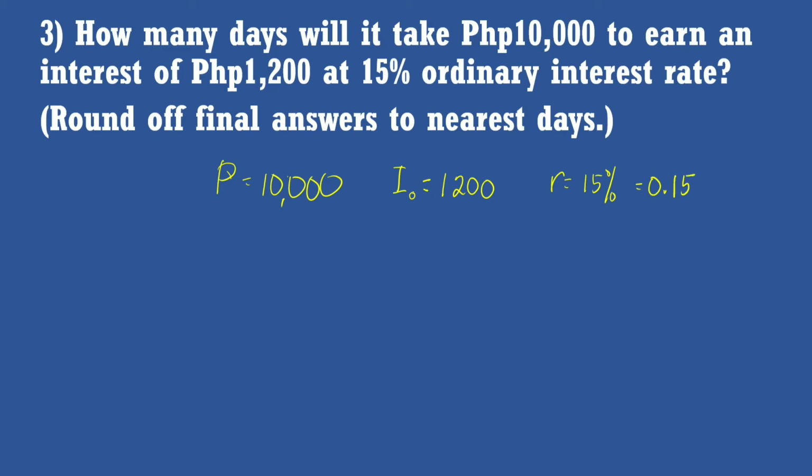Okay? So, we have I equals PRT as our formula for simple ordinary interest. We have here 1,200, and that is letter I. So, that means what we are looking for now is not the interest. So, what we are looking for now is time. So, that is being asked.